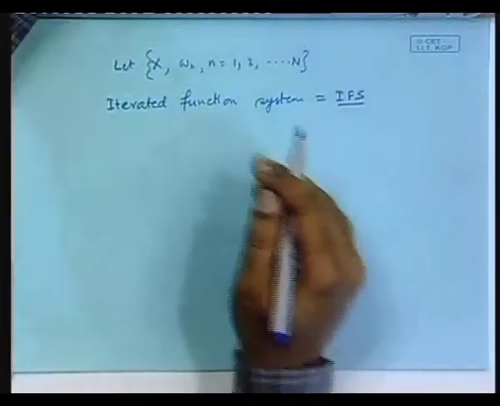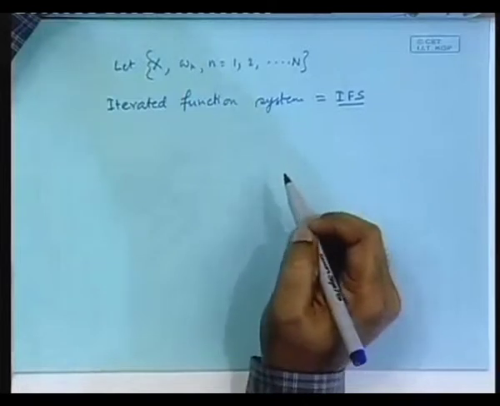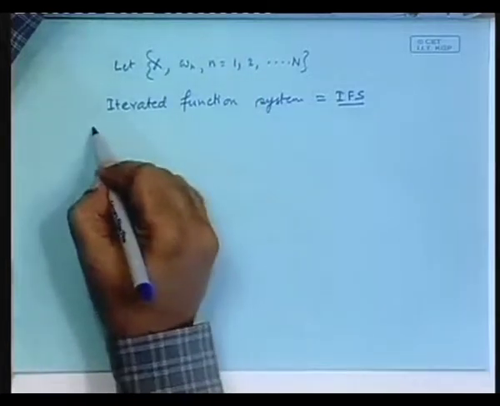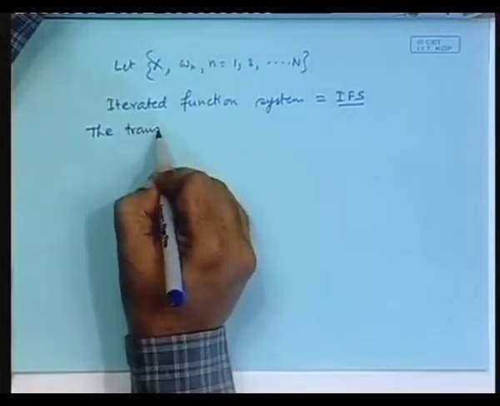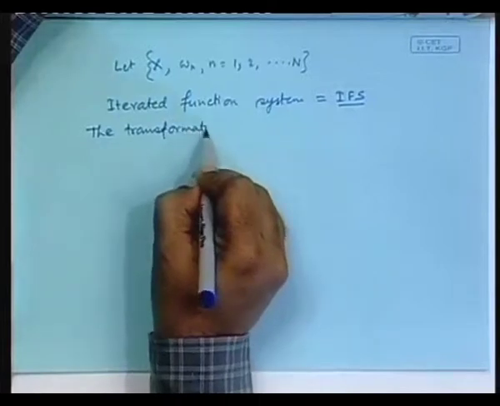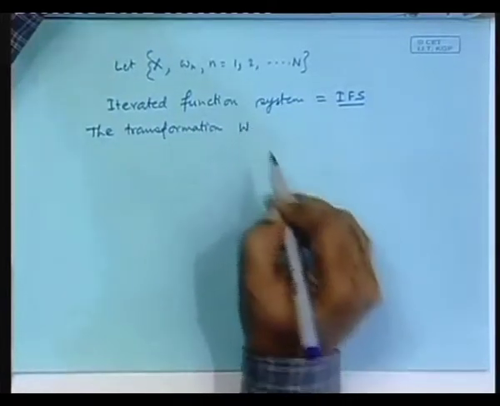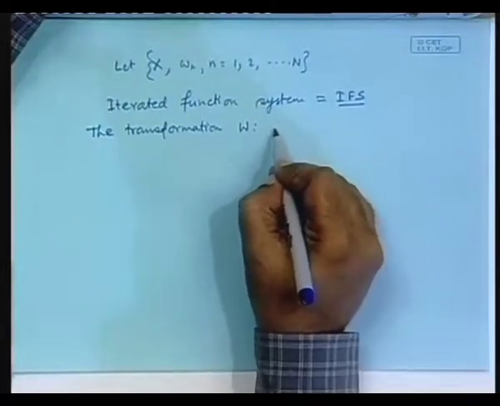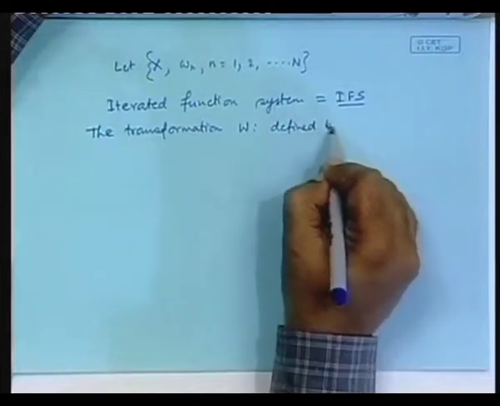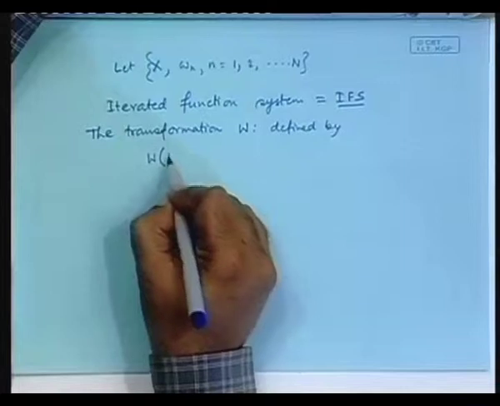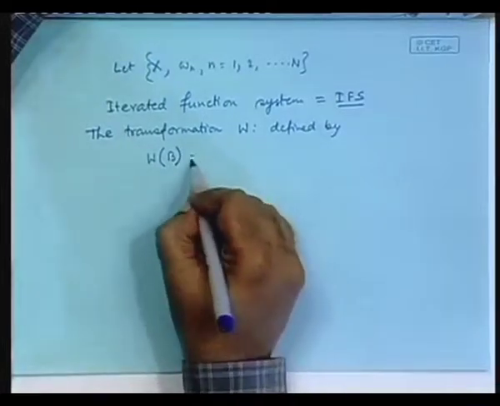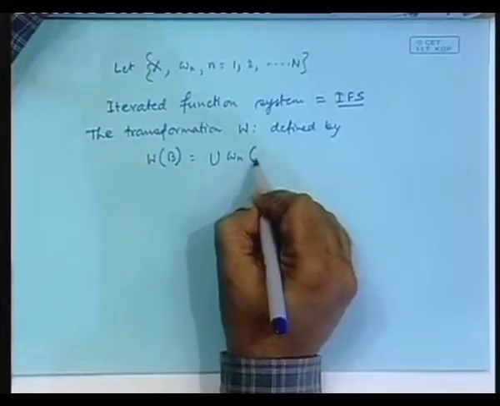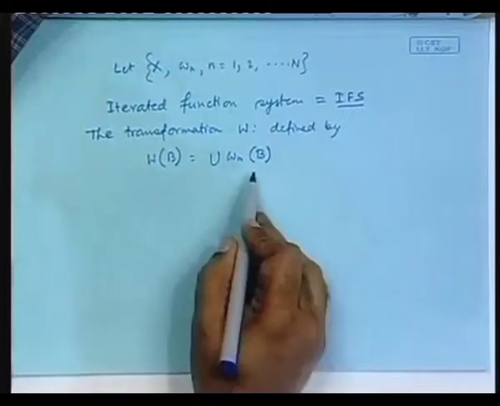Now, look at the theorem. It says that if you have an iterated function defined, the transformation W, capital W, defined by W of the set B is the union of Wn of B. Do you understand what is said?